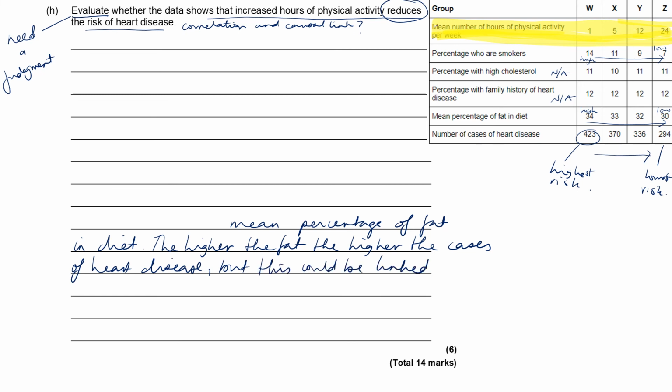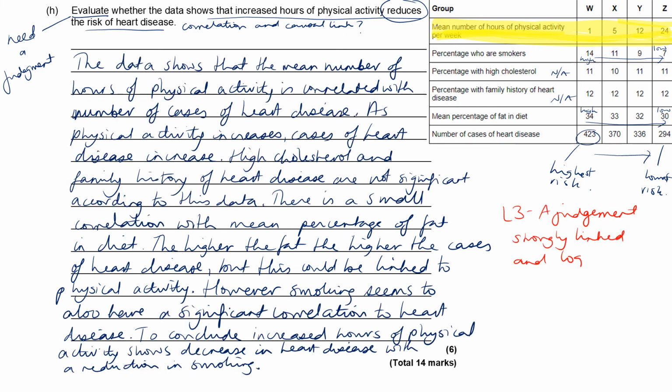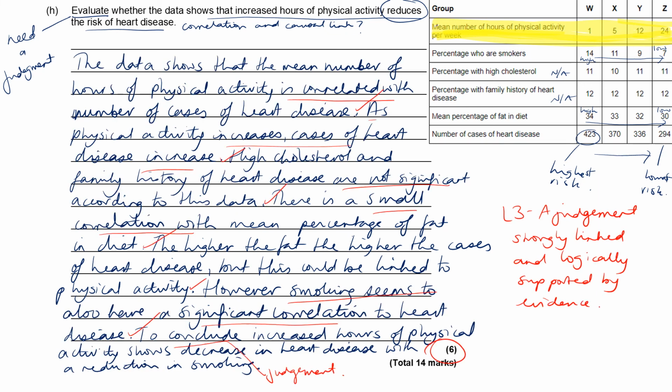However, now that I've finished looking at my table and annotating it, you can see what I have written. The data shows that the mean number of hours of physical activity, and I've just taken that from the table, is correlated with the number of cases of heart disease. So that's the first point. As physical activity increases, cases of heart disease decrease. My second point.